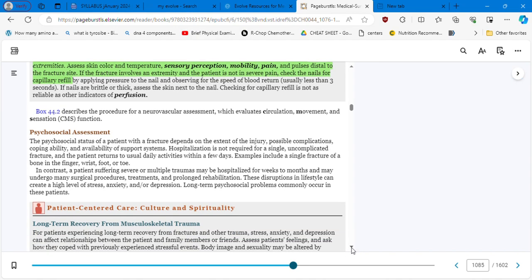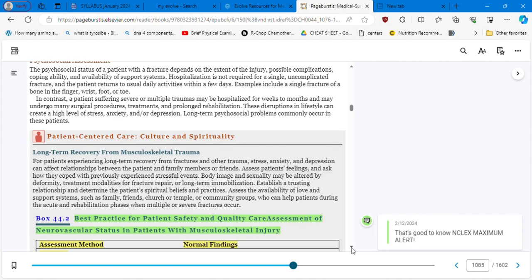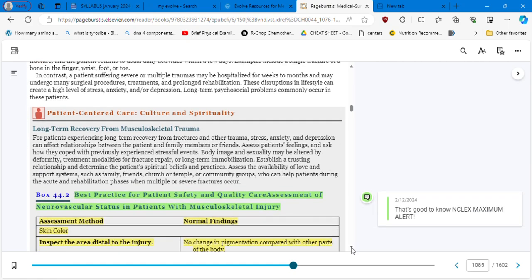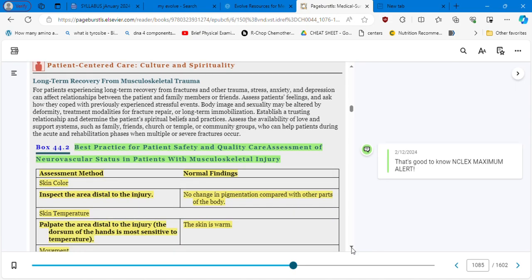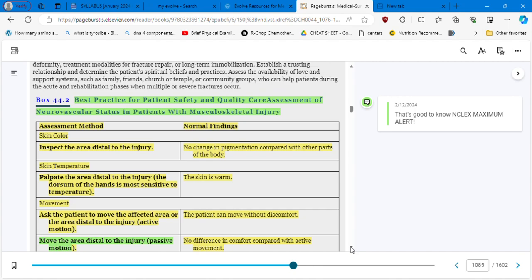Now we know that we have to do our psychosocial assessment. We have to consider culture and spirituality in terms of body image, sexuality, and the support group of the patient: friends, religion. Let's see this table: best practice for patient safety and quality care, assessment of neurovascular status in patients with musculoskeletal injury.